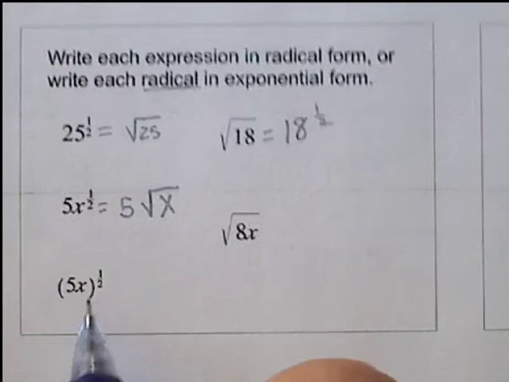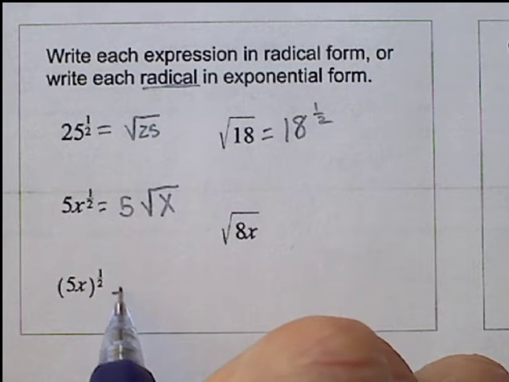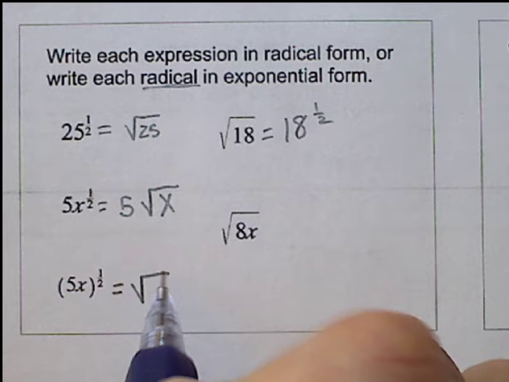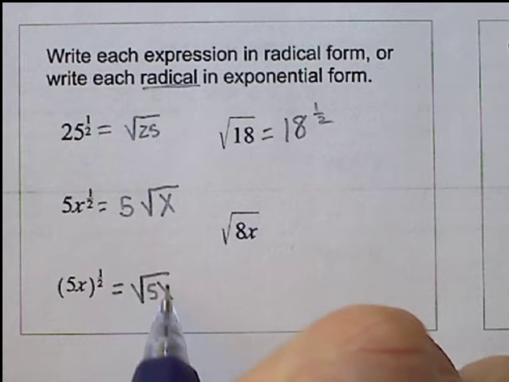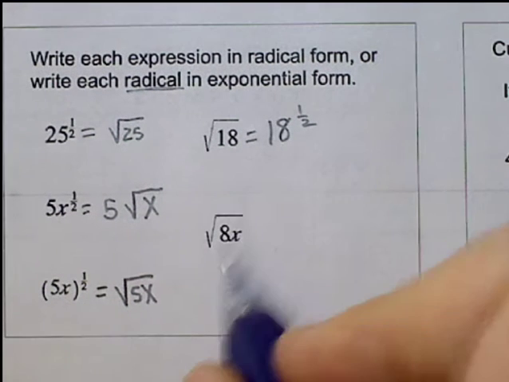Compare that to this next one down here, 5x to the 1/2, where 5 and x are inside the parentheses. So now we have the square root of 5 times x. See the difference between the two? Yes. Okay. So make sure that you're treating those exponents properly for the base that they belong with. All right, how about this?